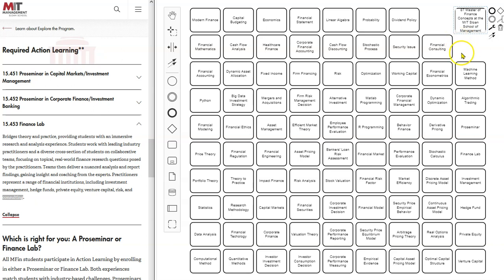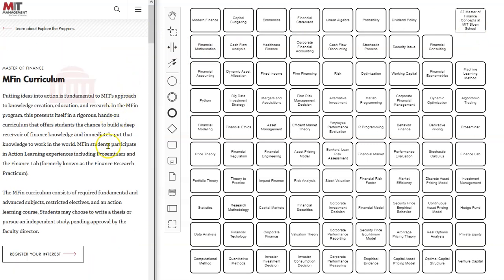So what you do, that's kind of long, isn't it? 87 Master of Finance concepts at, I'm going to get rid of this, at the MIT Sloan School. There we go.